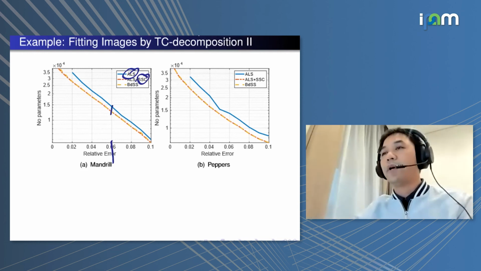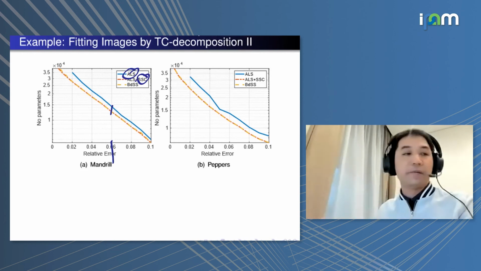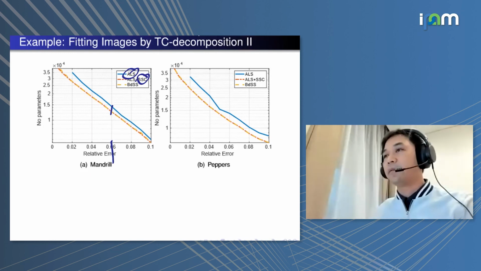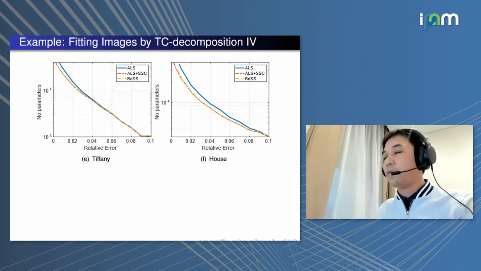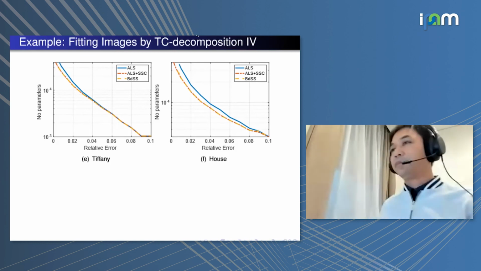You look at this one, you see that with the sensitivity correction, we have lower approximation error with the same number of parameters. And we test it not only for one image, we test it for 6 images, and almost similar results are observed in our benchmark.